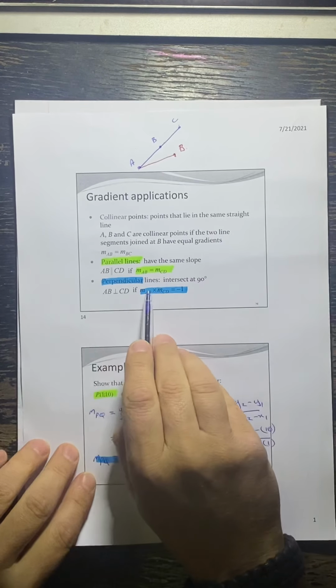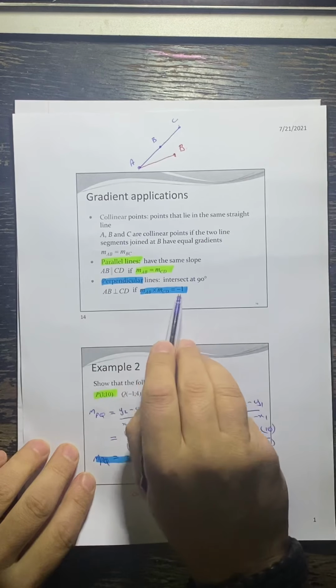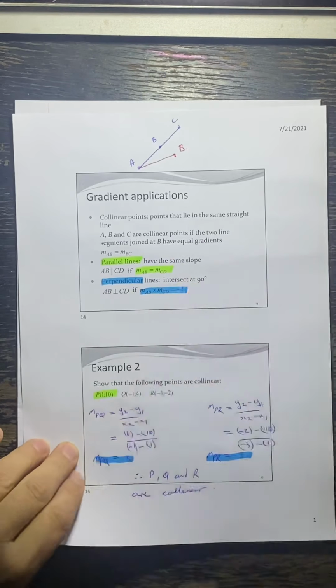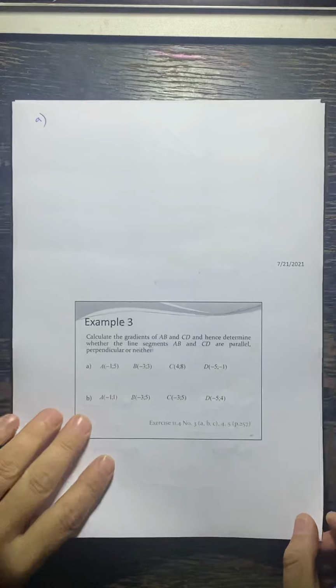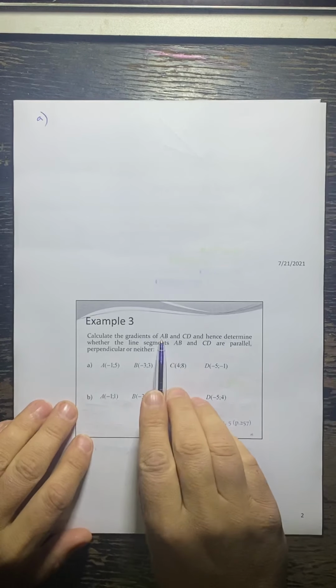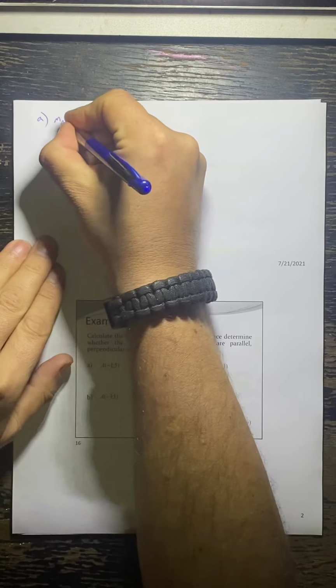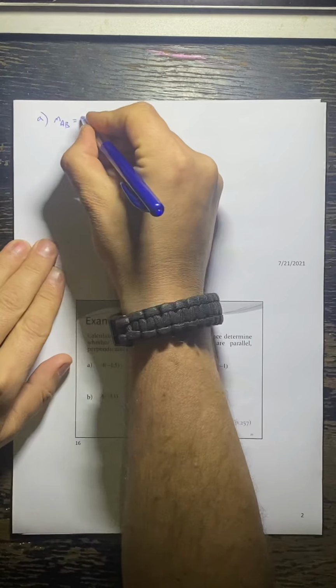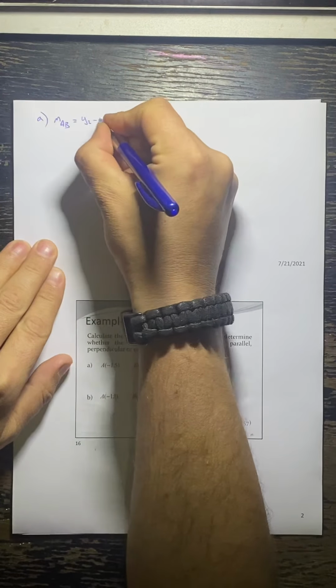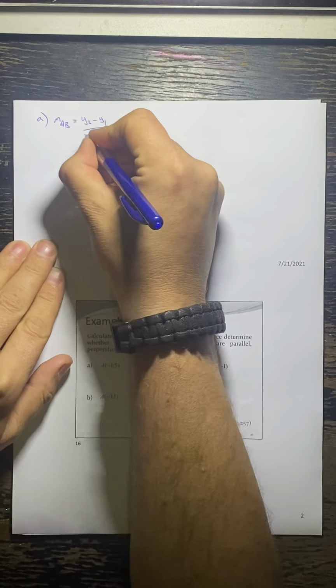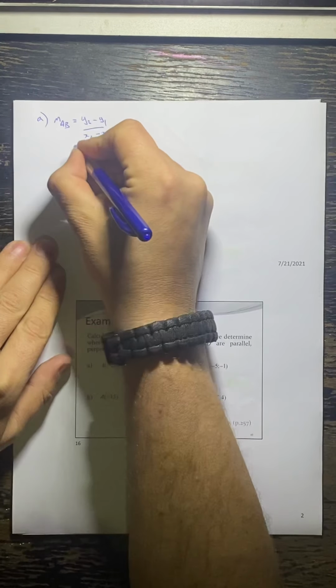If lines are perpendicular, the product of their gradients is -1. And that's what we're going to be using. So first of all, I'm going to find the gradient of AB. So that is y2 minus y1 over x2 minus x1.